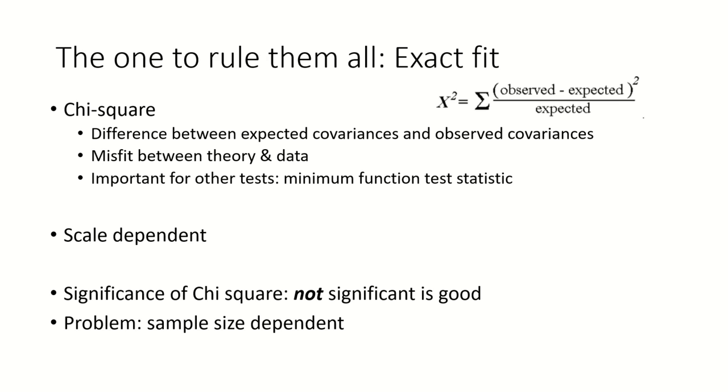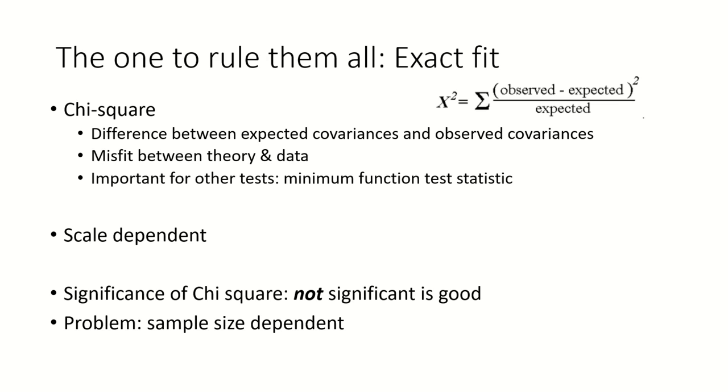But the issue with chi-squares is that they're sample size dependent. And here we run into one of those beautiful little paradoxes with confirmatory factor analysis, because typically we want to have something significant, but here we don't want our chi-square to be significant. If you remember from power analyses, how do you actually get something not significant? You get a smaller sample size.